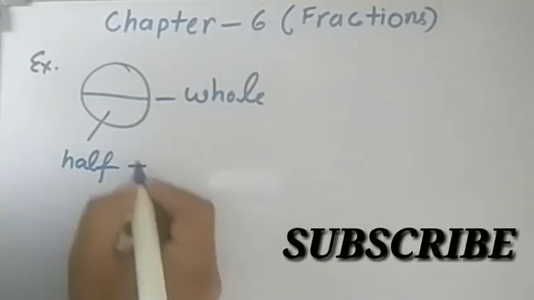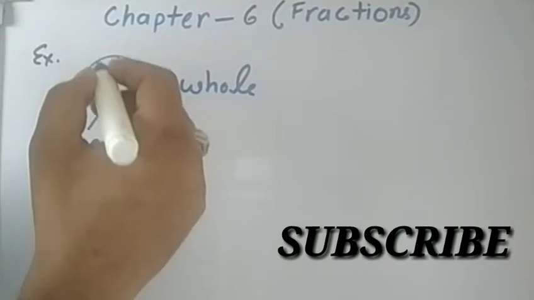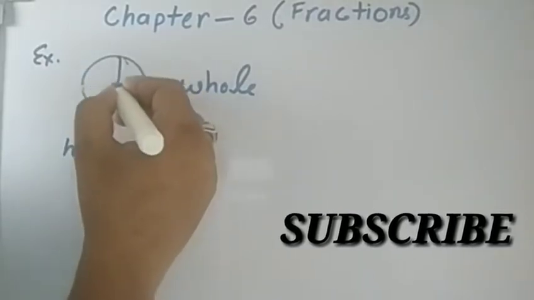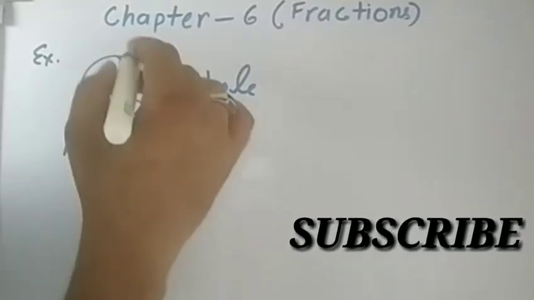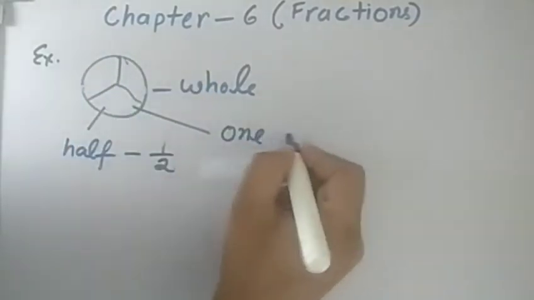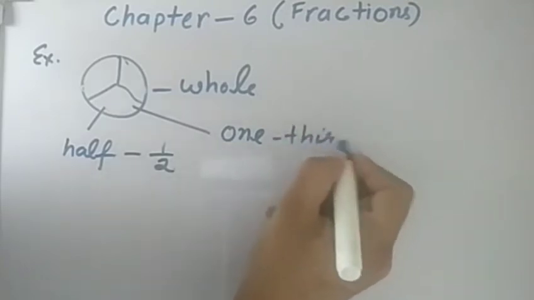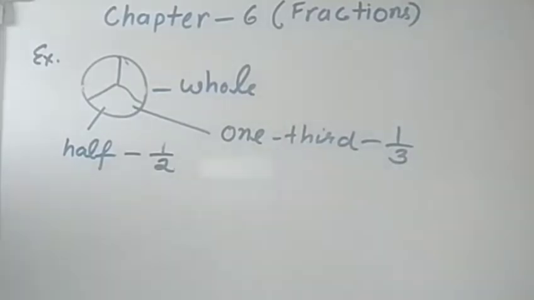Mathematically we represent the half like this, 1 upon 2. If I cut this pizza into 3 equal parts, then each part is known as 1/3, and mathematically we write it 1/3.